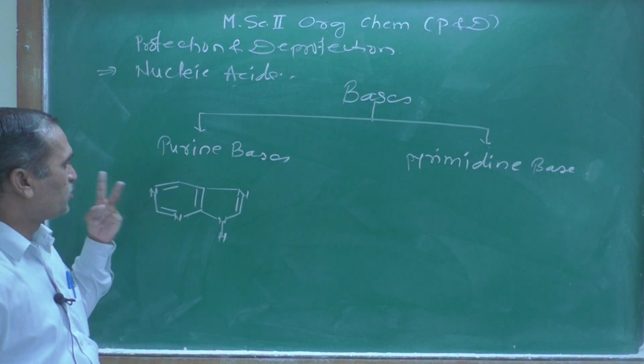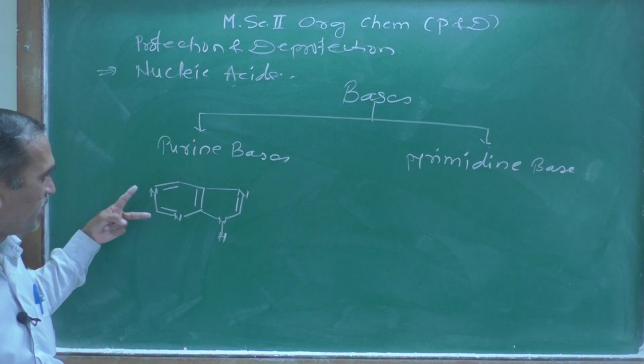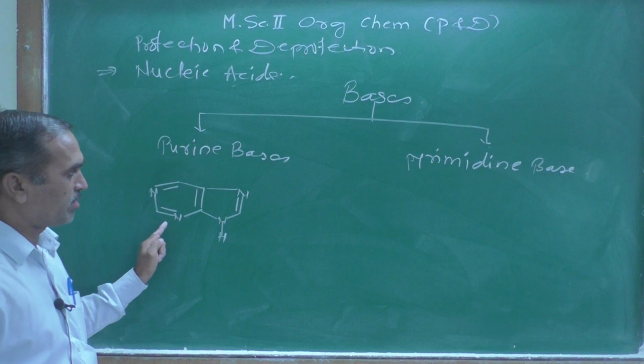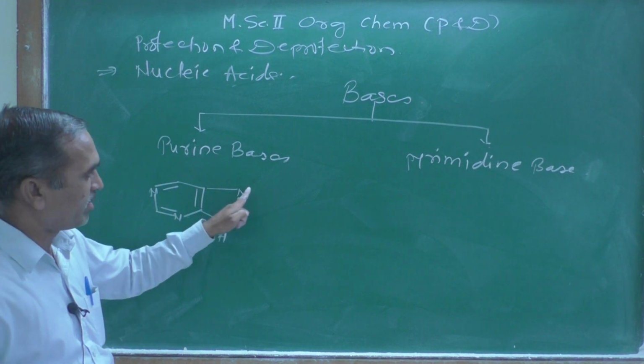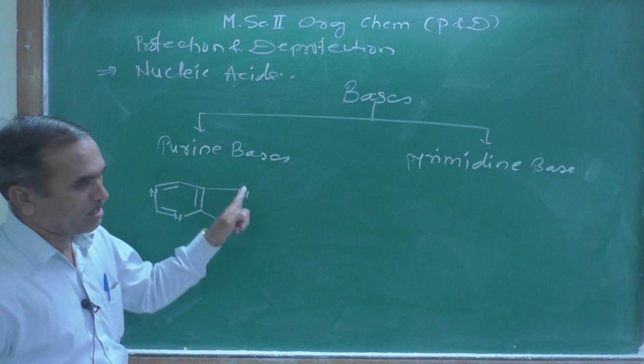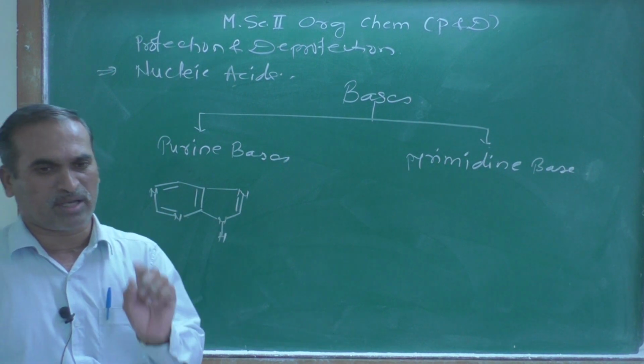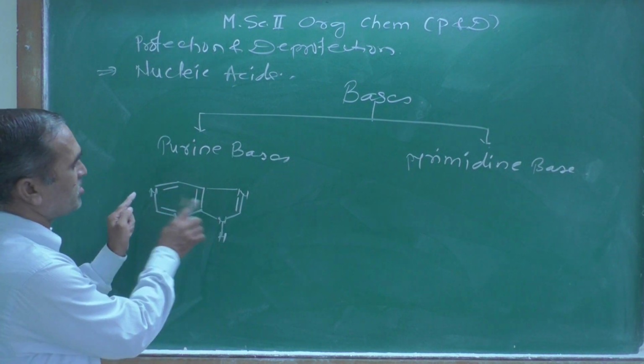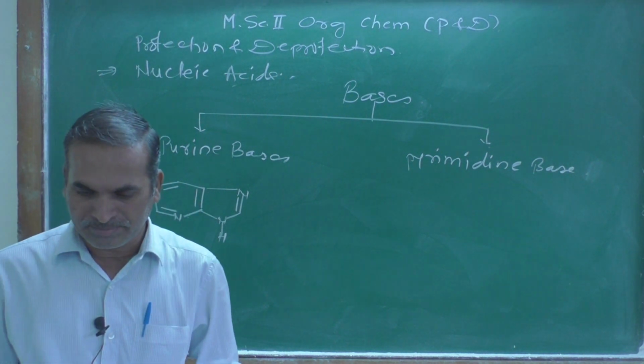Both rings contain two nitrogen atoms each, and the nitrogen atoms are always present at the 1,3 positions. So this is the structure of purine.